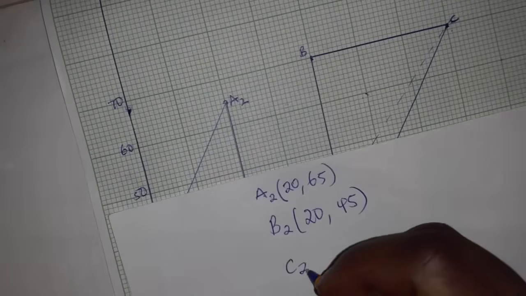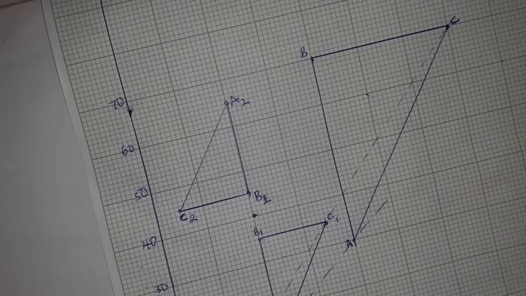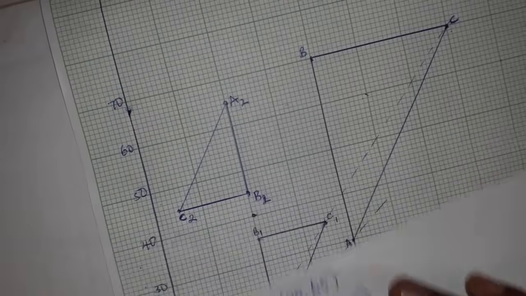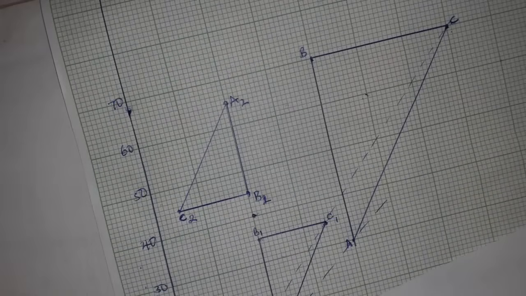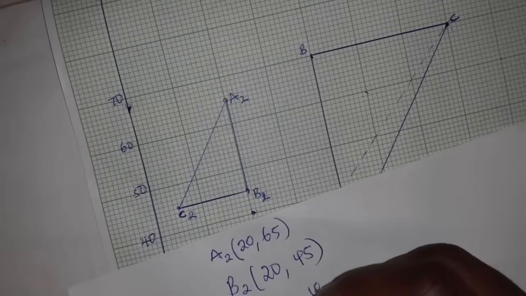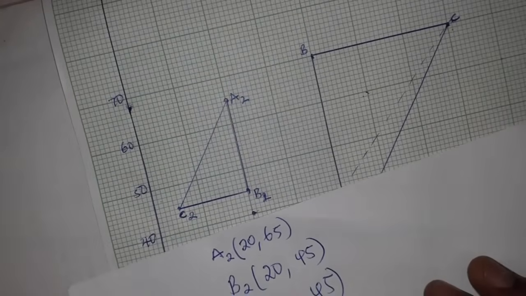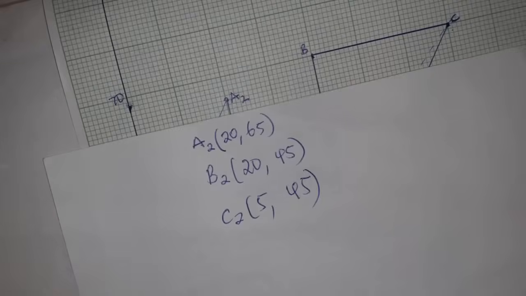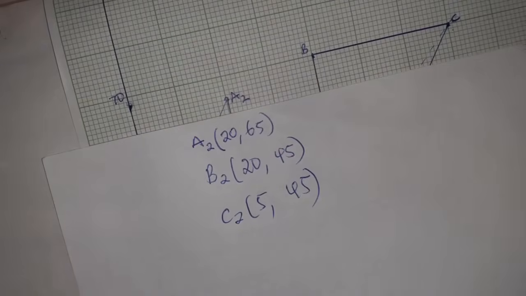What about C2? C2, it is 5, 45. Okay, so that is it. These are the coordinates that we're going to have.